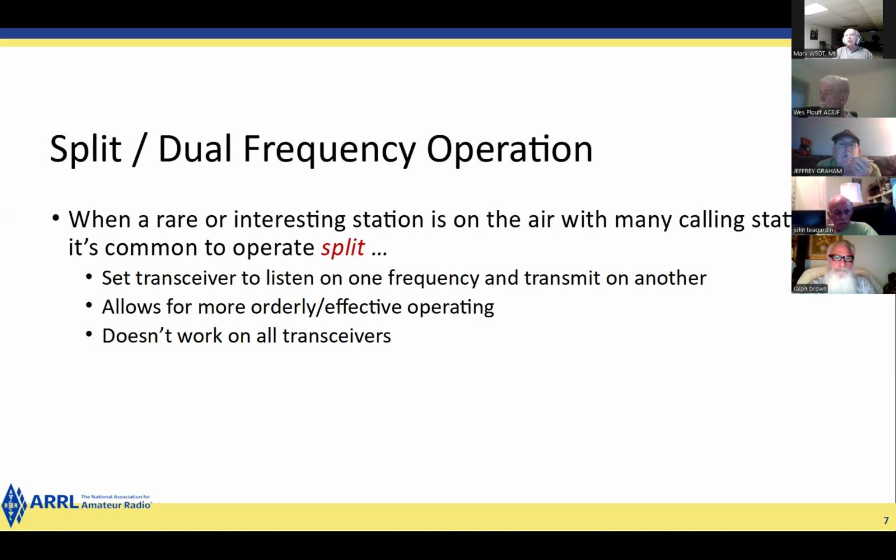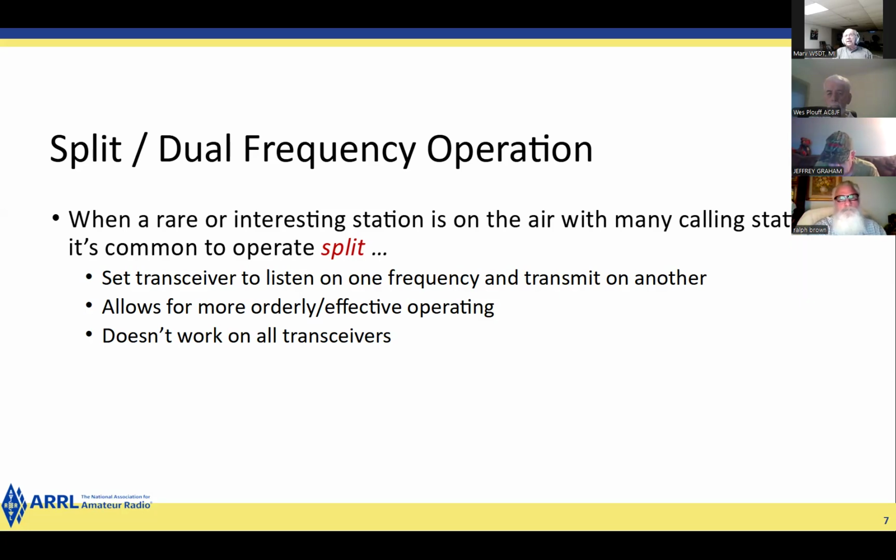So he's going to try to create a little space for himself to figure out who is actually calling. That's the way he's going to work it. It's a common operating technique, and actually it makes a lot of sense.